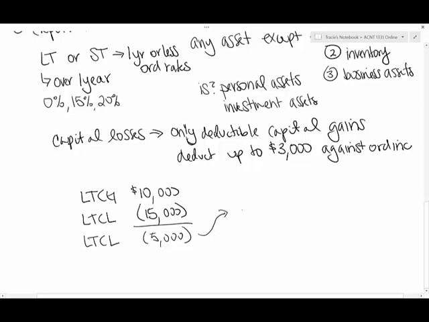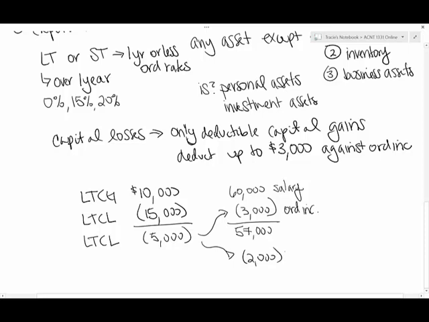Of that $5,000, only $3,000 can be used against ordinary income. So that means that I can take it on my tax return in the current year and I can decrease ordinary income, such as my salaries. So you might say, well, what happens to the other $2,000? Well, the other $2,000 in this example is carried over to future years.